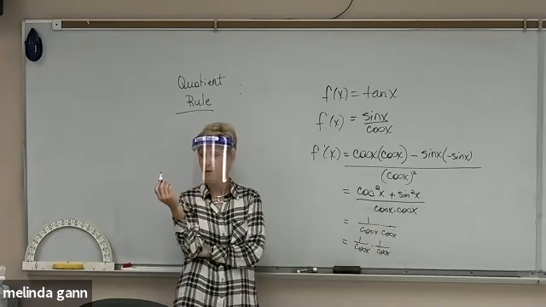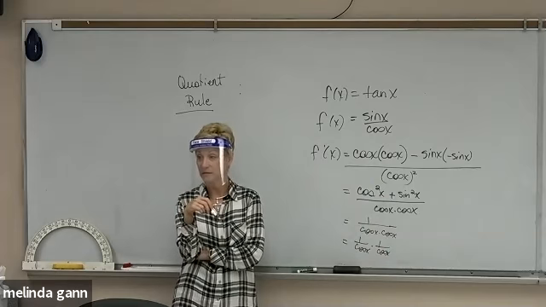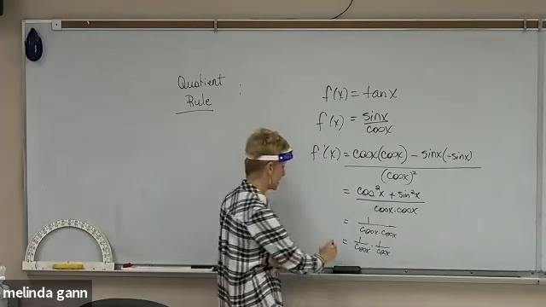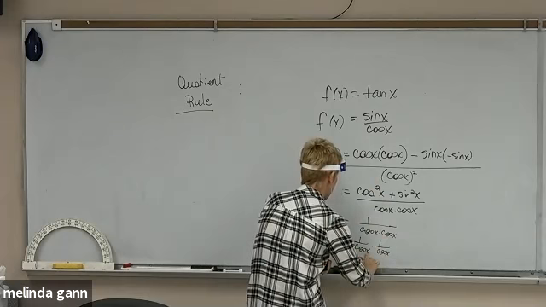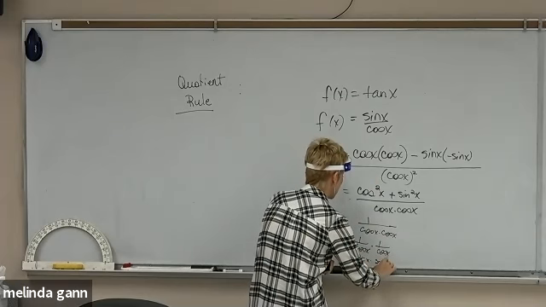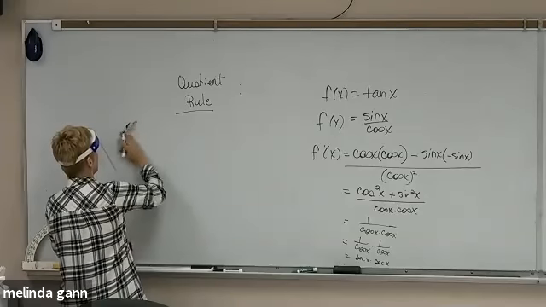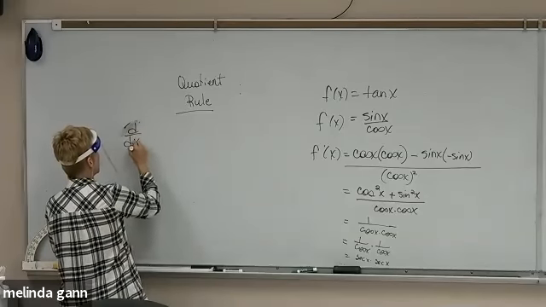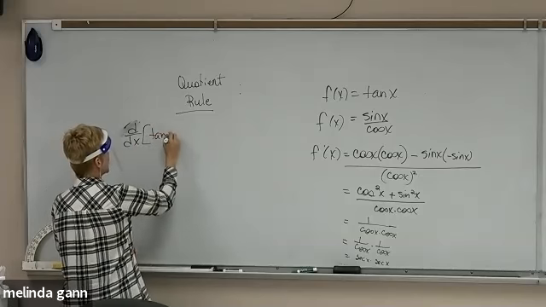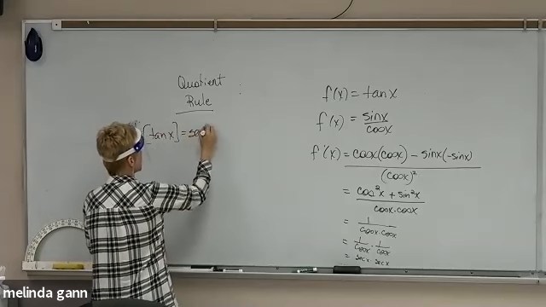Yes. What's 1 over cosine x the same thing as? Secant. So that's a secant x times another secant x. So what did we figure out the derivative of tan x is? Secant squared x.